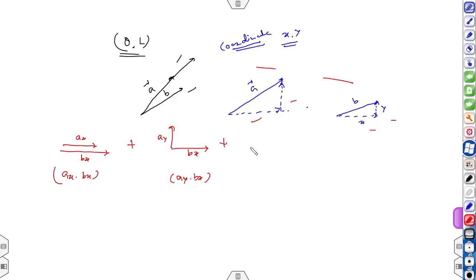The next one is the dot product of ax with by, and then the dot product of both y components, ay by.